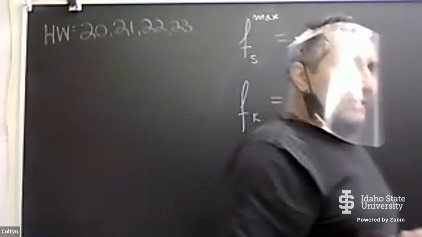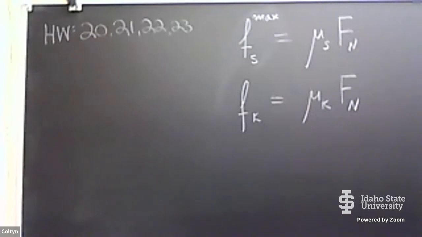Now, something that is surprising but correct. Both the static and the kinetic friction forces are the same for this object, no matter if this object is this way, or this way, or this way.